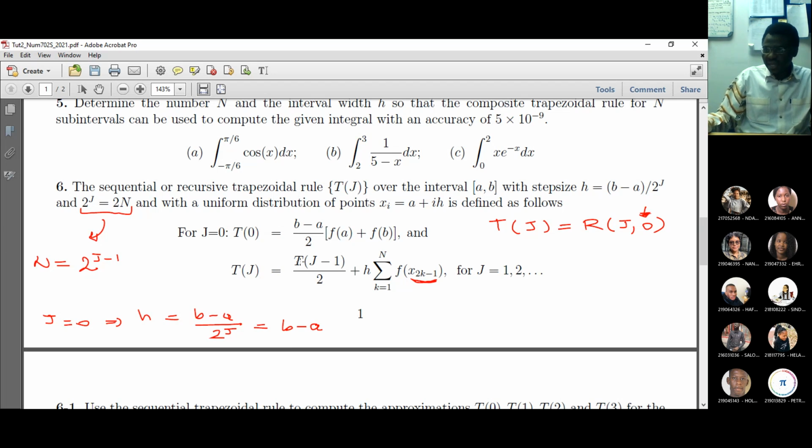If you look at this one, it's like R j minus 1 here. So if you put j minus 1, it will give you T j minus 1 by 2. So it's similar to the other formula. But this one is more convenient. So I'd advise you for the exam or test or whatsoever to use this approach, this formula. Are we together? That is my advice.